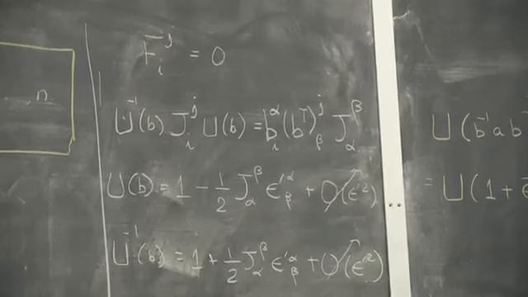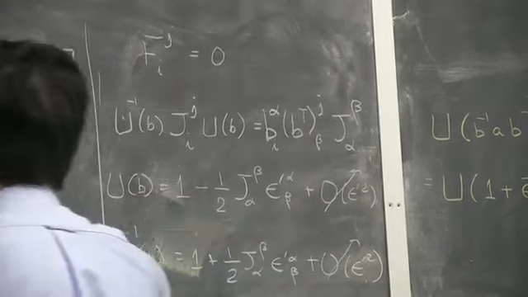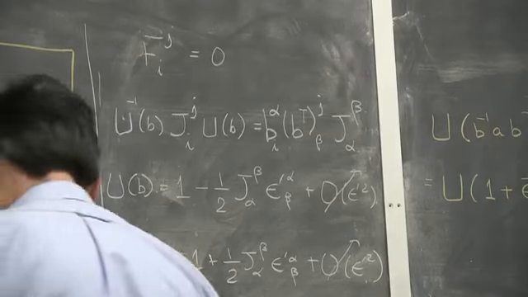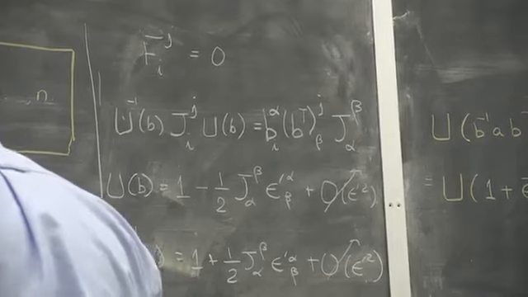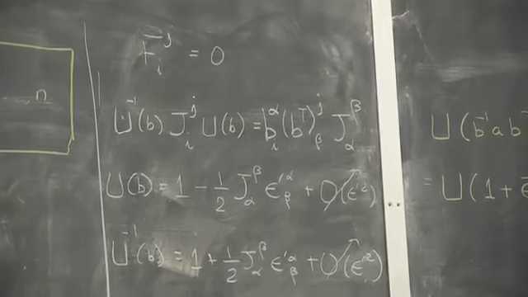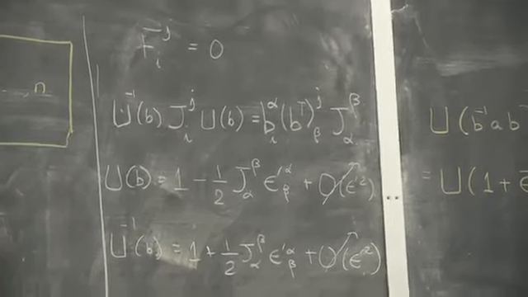And now let's do a couple more things here. At the same time, taking this, now remember this is for SO(n), this is an n by n matrix, little n by little n matrix.